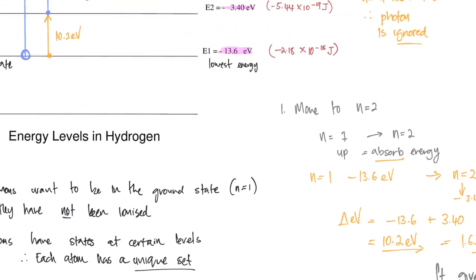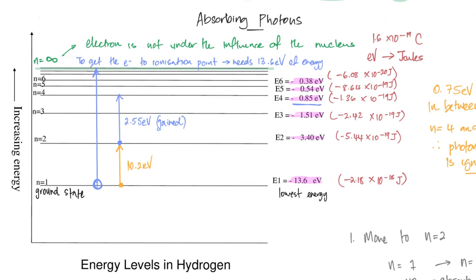What my atom would then do is, from this point here, it would make its way up here onto that little zone over there, n is equal to infinity, and that is where it will be ionized.